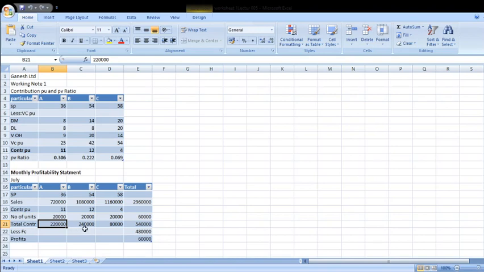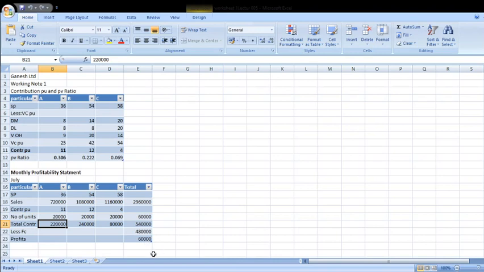Now there is no point in deducting fixed cost here because you do not know the fixed cost separately for A. But if you complete it for the whole company, 2,20,000 here, 2,40,000 for B and 80,000 for C. That means for the company as a whole, they are able to earn a contribution of 5,40,000 from a sale of 2,96,000 units.